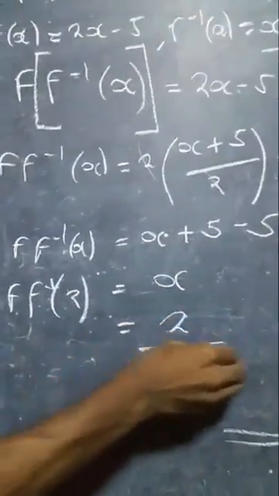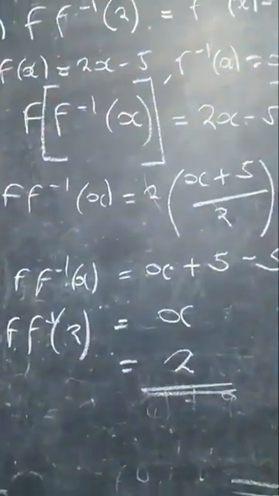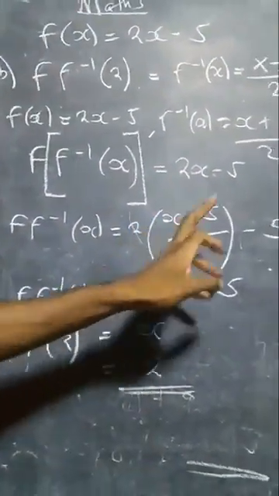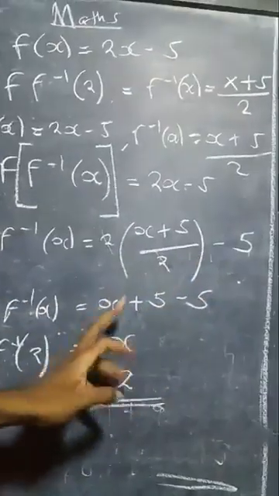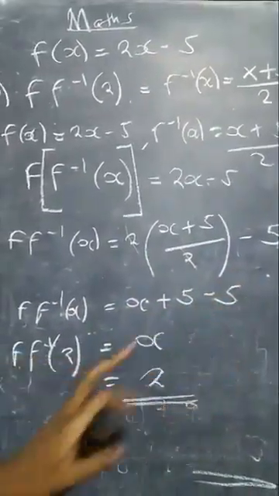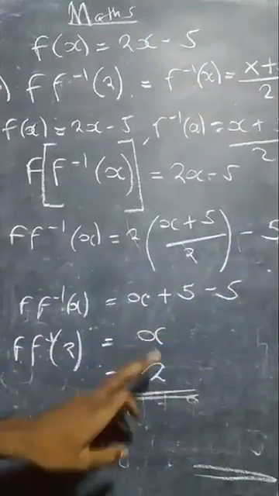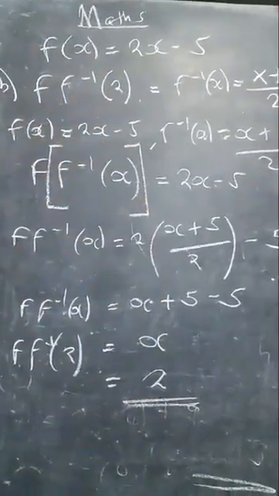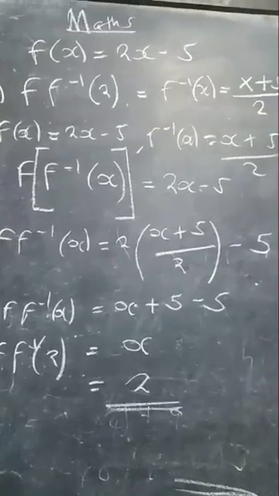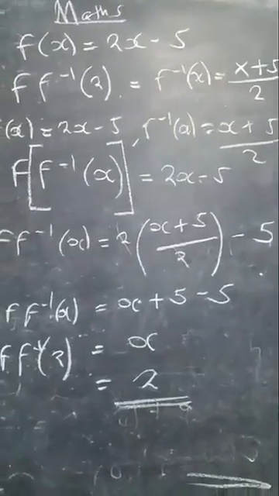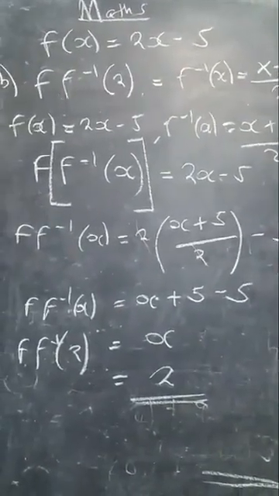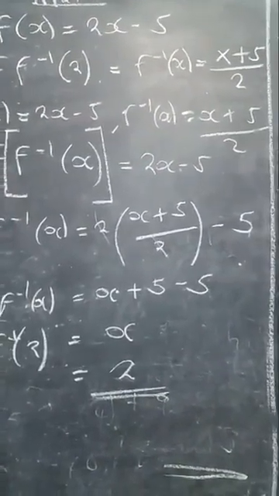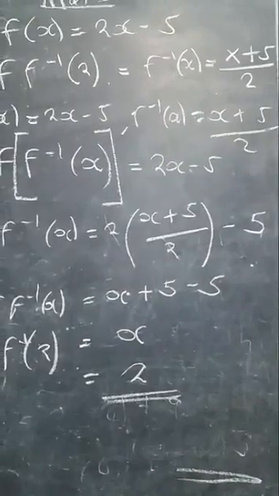A 2. That means that's your answer. So if you just work on this, 2 cancels, x plus 5 remains, so it's x plus 5 minus 5. Then where there's x there, you are substituting with a 2.